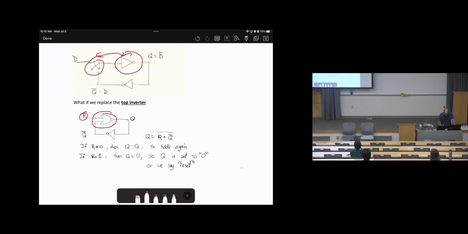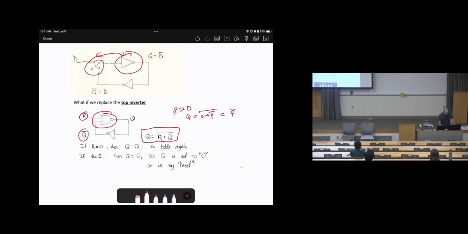Then here we can say that Q is equal to R plus Q bar, because this Q bar with NOR, with R, will be R plus Q bar. So what should we do? If R equals 0, Q will be 0 plus Q bar, all bars.